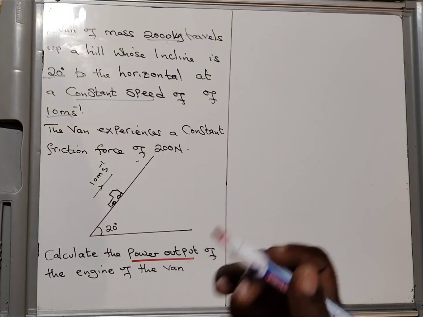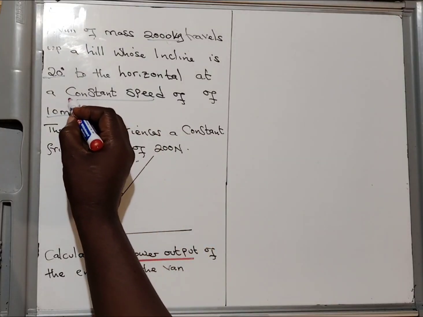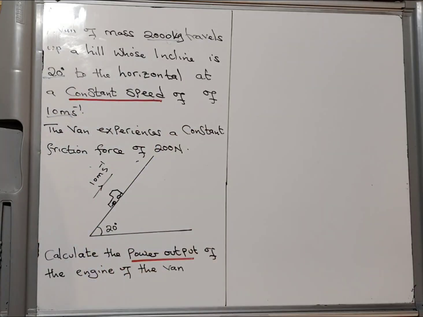And there's something else which is important here. Look at here. That is constant speed. We have to know that speed is substitutable for velocity if the body is moving in a straight line. Actually, we normally say speed and velocity are brothers and sisters.